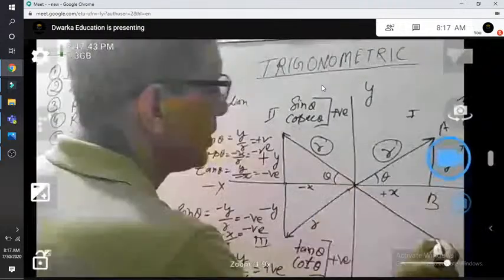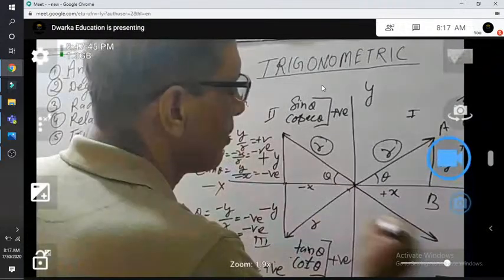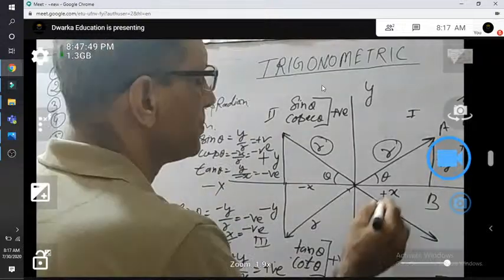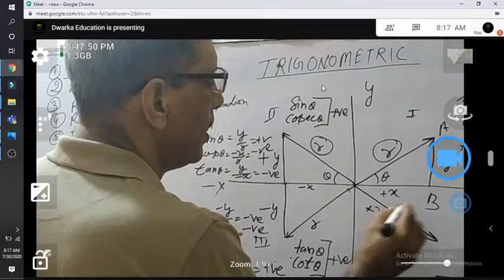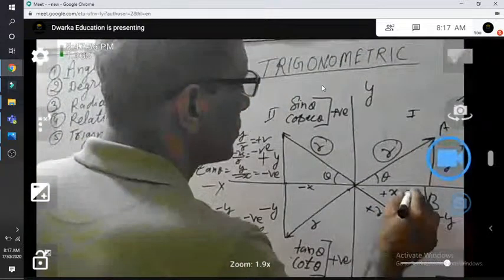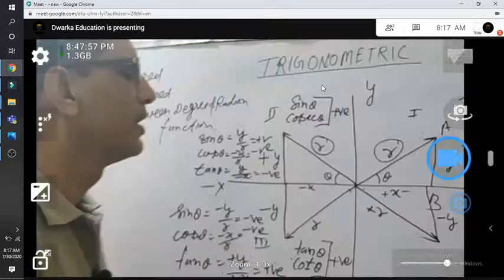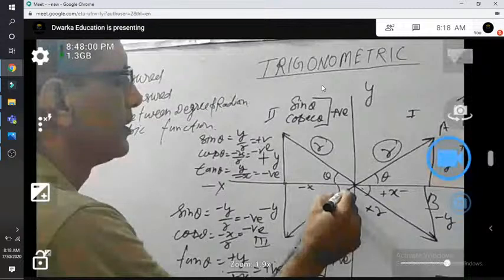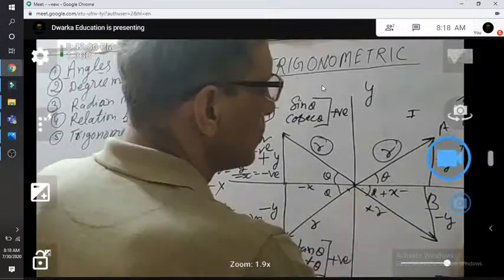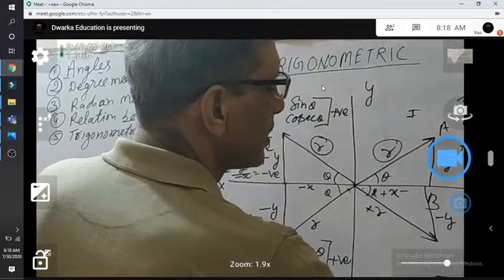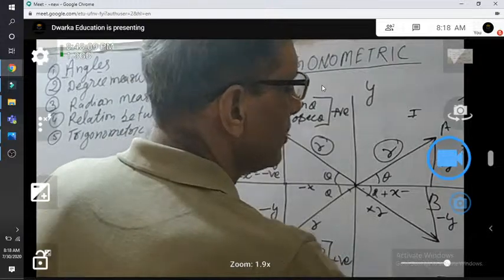This is the resultant of any vector, an absolute value. Here r is positive, and this is equal to minus y, or this is equal to plus x. In this is the theta, then sine theta is equal to minus y over r, which is negative.